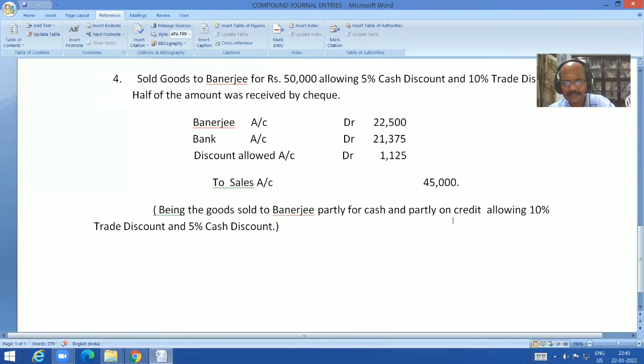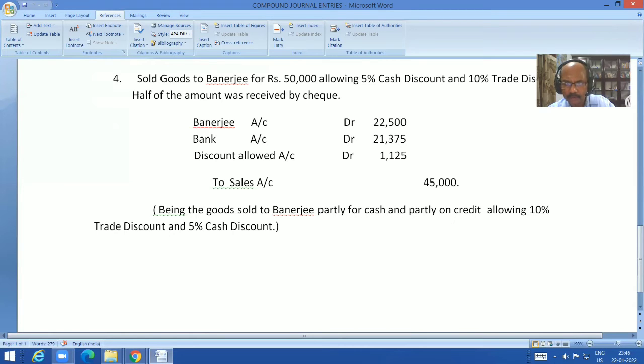Now let us see this 1,125 rupees discount. It is nothing but 5% of 22,500, which is 1,125. Why 22,500? Because 22,500 is a credit dealing.